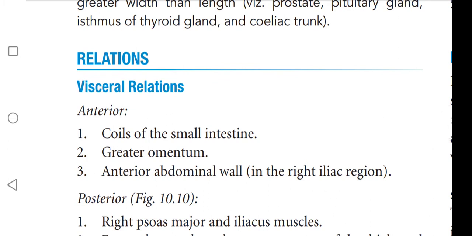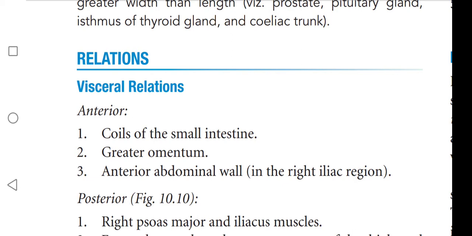First, the visceral relations anterior to the cecum: coils of the small intestine, greater omentum, and anterior abdominal wall in the right iliac region. These are the three present anterior to the cecum. Remember, the coils of the small intestine, and the greater omentum is present just in front of it.